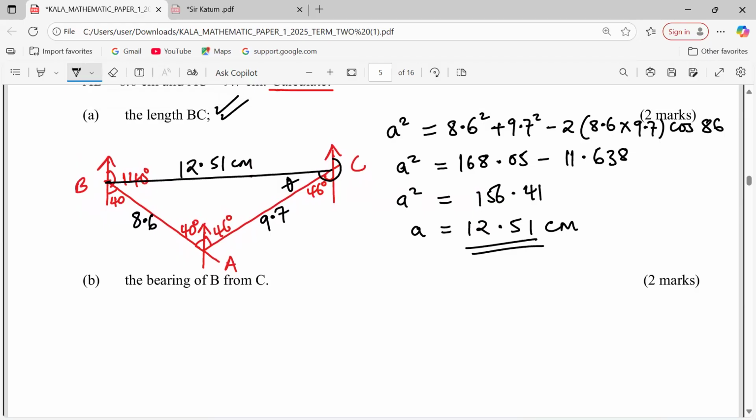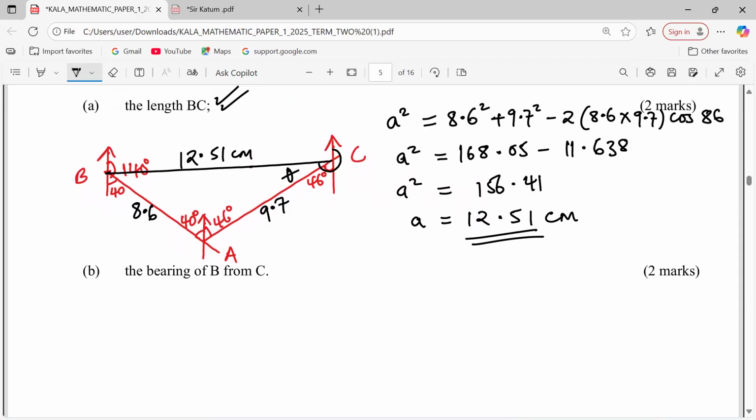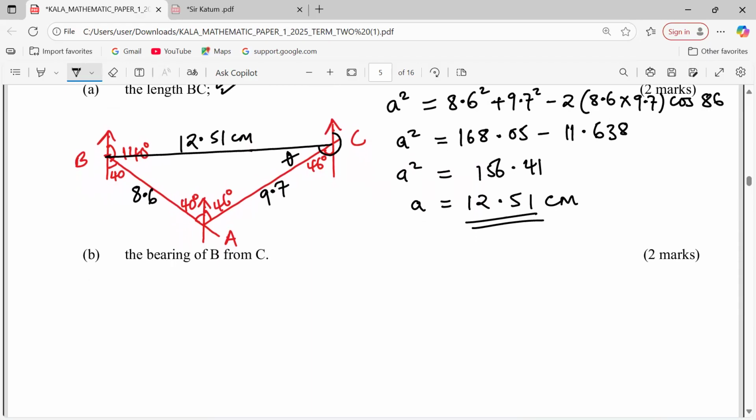So the angle theta first should be found. How do we find angle theta? We can apply the same concept where we shall say 8.6, which is the length, divided by sine of the angle opposite, which is theta, should give us a length like 12.51 out of sine of opposite angle 86.